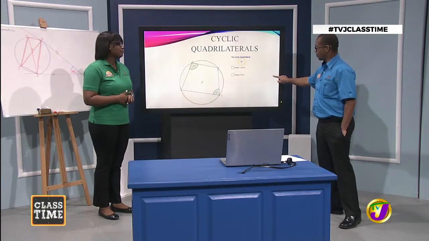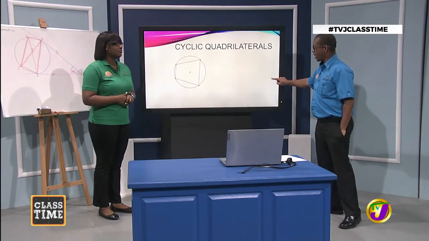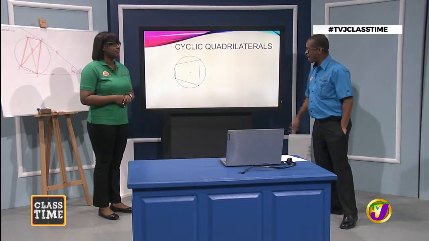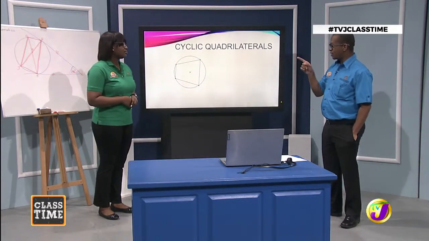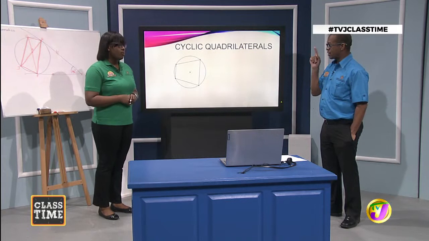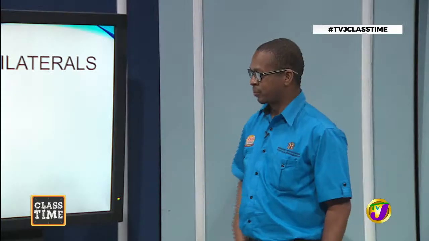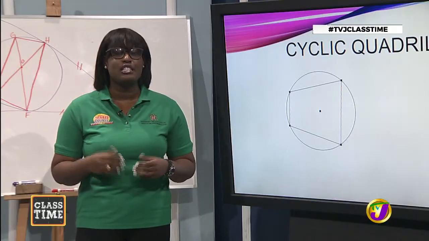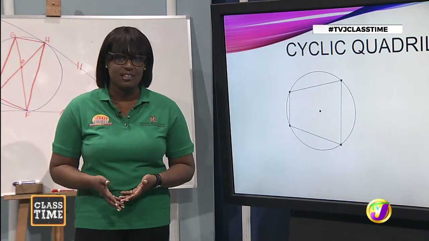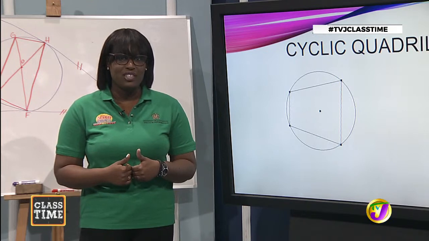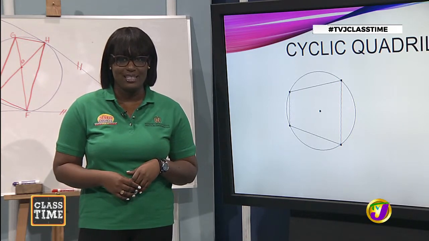Just so that we recall what we were doing. Okay, so we looked and we realized that the opposite angles in a cyclic quadrilateral had a special property. Yes, the opposite angles actually sum to 180 degrees. Well, that was my observation. And I think you're telling me that I'm correct.